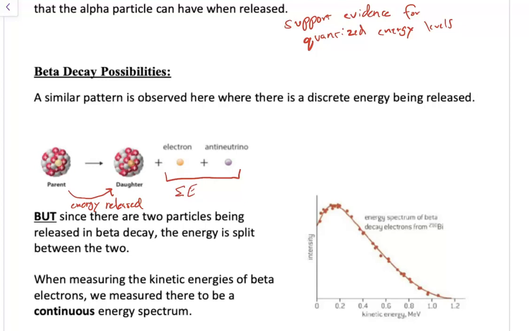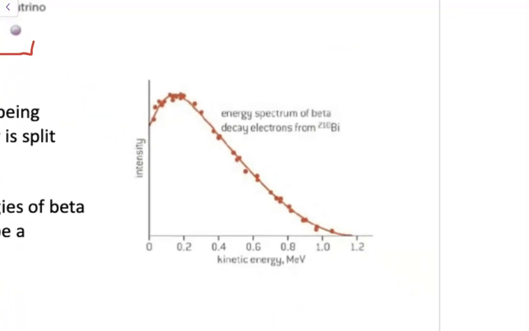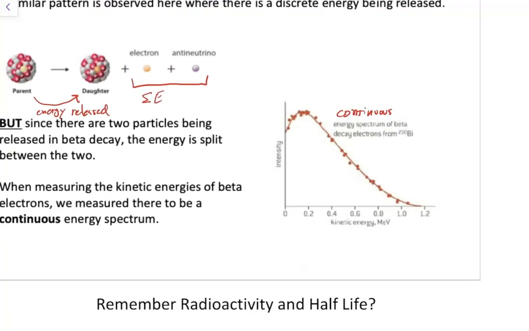Before, there was a moment when we didn't really know that antineutrinos and neutrinos existed. But in this observation, we observed the kinetic energy of the electrons during beta decay. And we found that the beta decay electrons had a continuous amount of energy. So this is a continuous energy spectrum that was observed in each beta decay experiment.